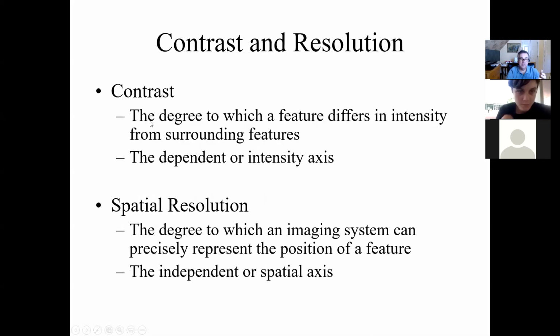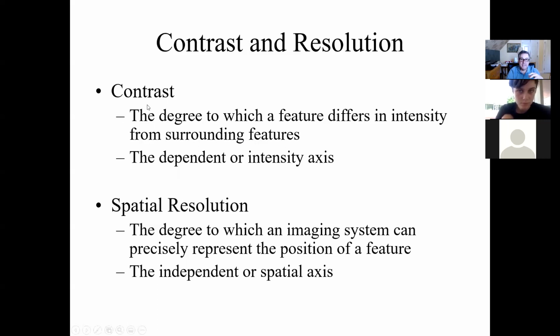In general, these are contrast and resolution. Contrast refers to the intensity axis aspect: the degree to which a feature differs in intensity from its surrounding features, or from its background.